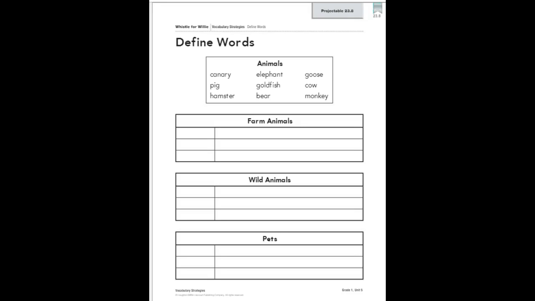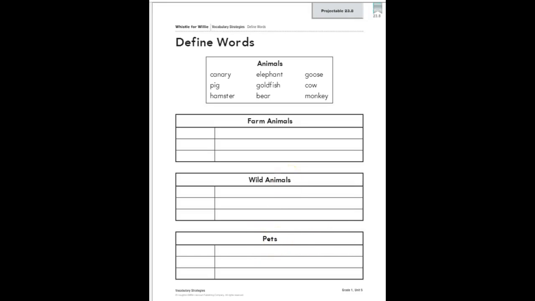But if you could do this on a separate piece of paper, I think that would be very beneficial. There is no Reader's Notebook pages, just this projectable that we're going to work through when we talk about defining words. All right? So here we have the category farm animals, category wild animals, and the category pets.